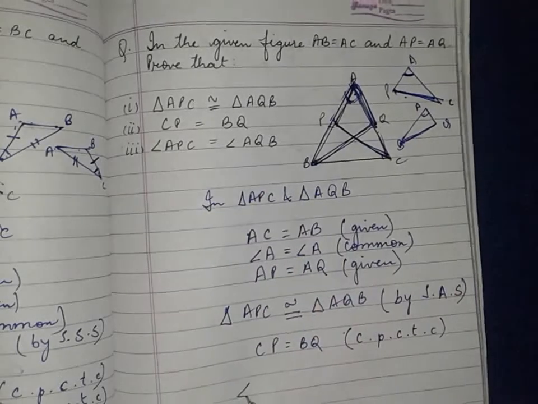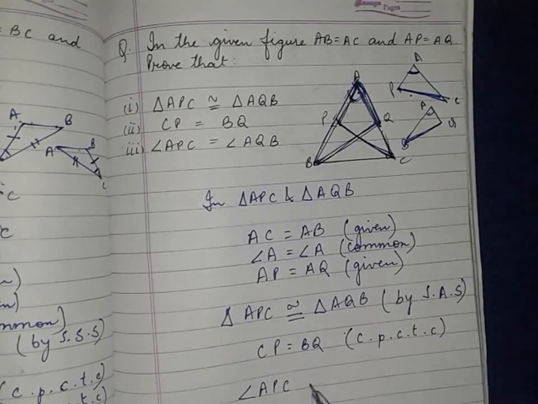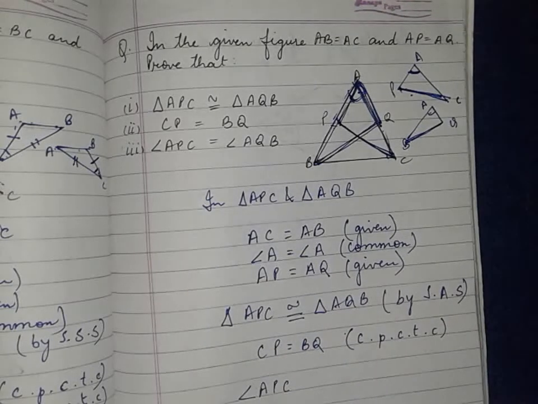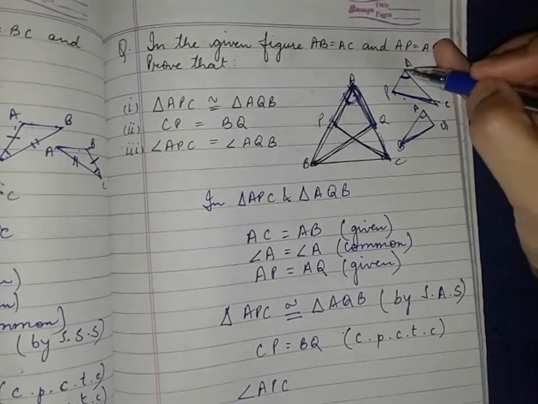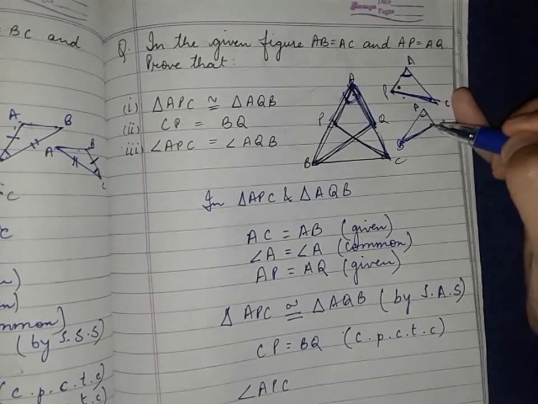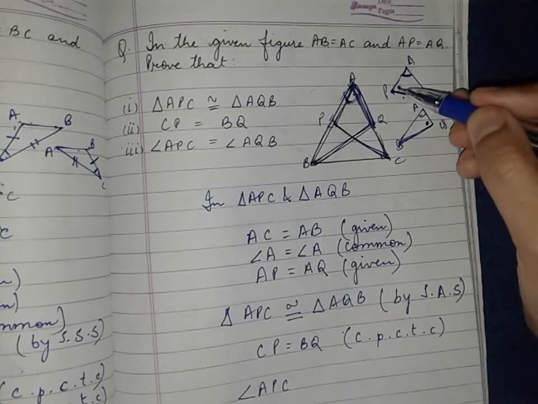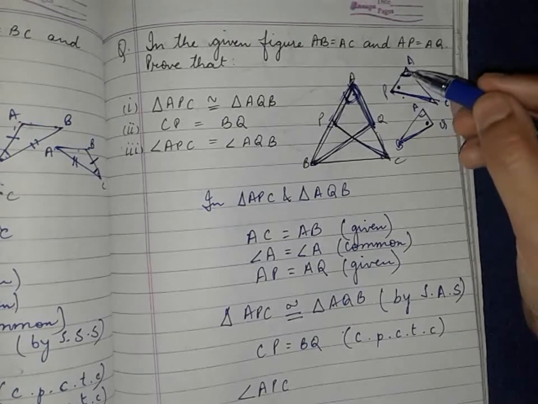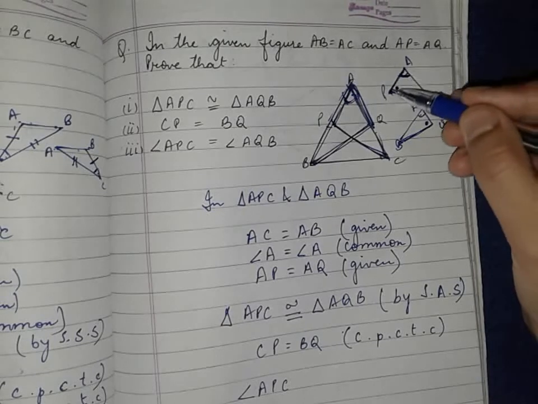Next, angle APC is equal to AQB. Is APC equal to AQB? Angle APC is this angle and angle AQB is this angle. It is adjacent to this angle A and it's contained in AP.